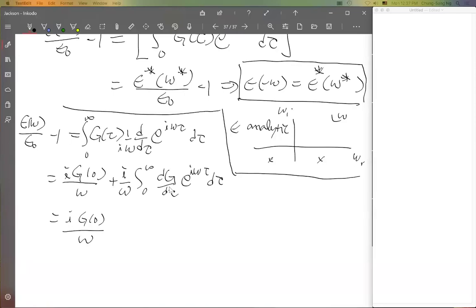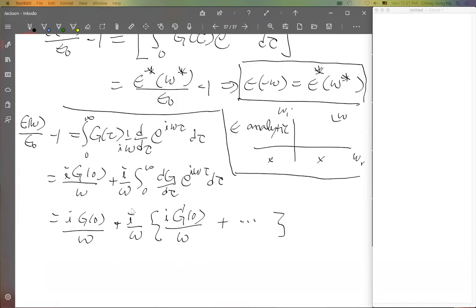The second one will be 1 over i omega, multiplied by G prime evaluated at 0, and then divided by another omega, and so on and so forth. So you can keep doing that, and that will give you the asymptotic expansion of epsilon for large omega.